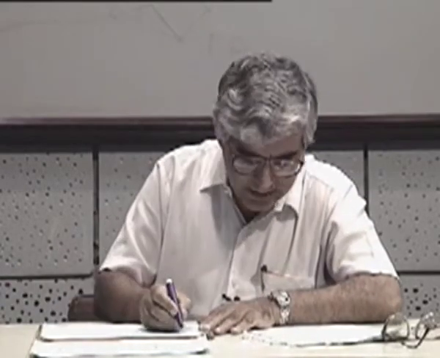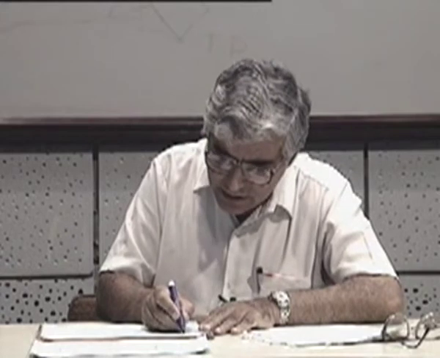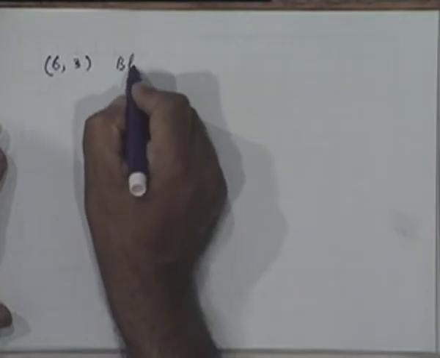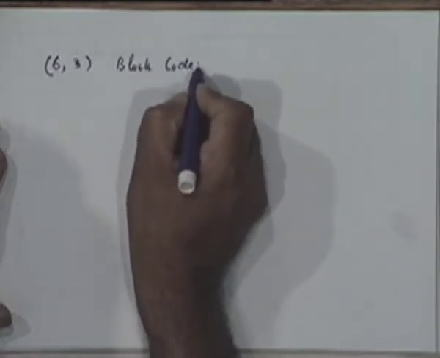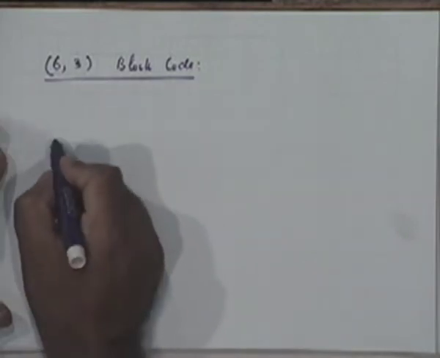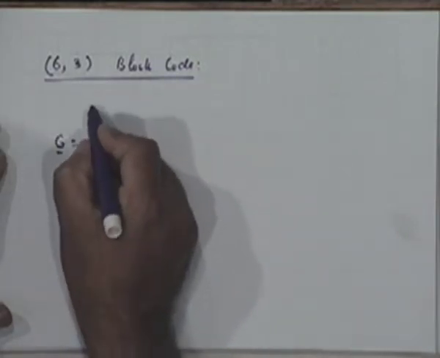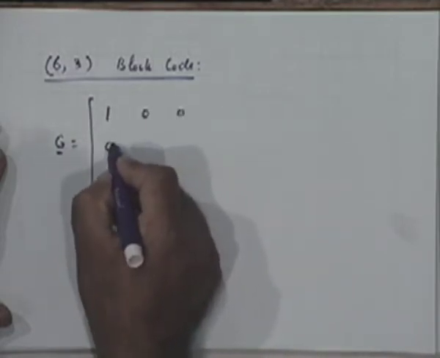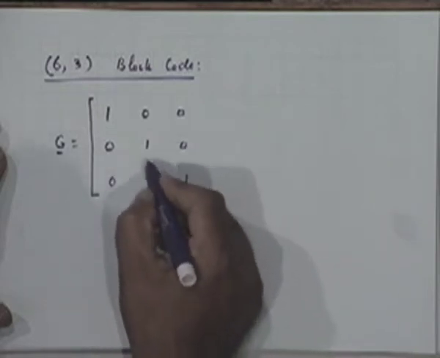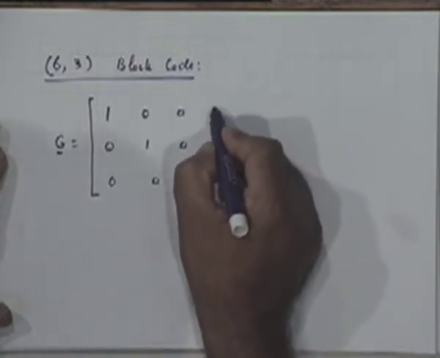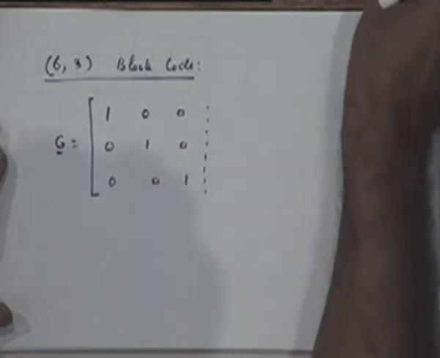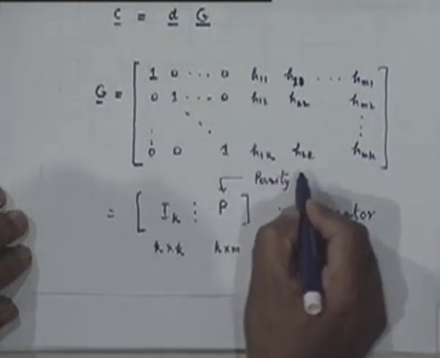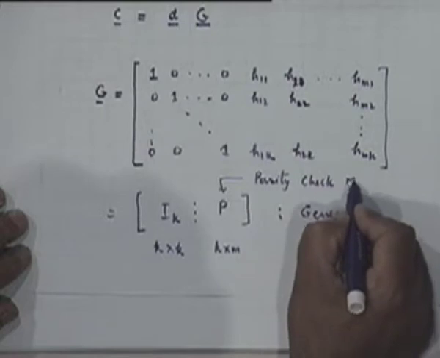But before doing that, I think I will try to finish this talk today by just taking a simple example of a 6-3 block code, where G is 1 0 0, 0 1 0, 0 0 1. This is your I3, right? And the parity check part, this P matrix, is sometimes called the parity check matrix. We will see the reason for that.